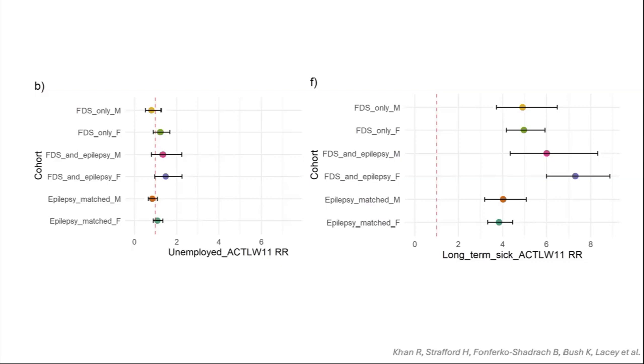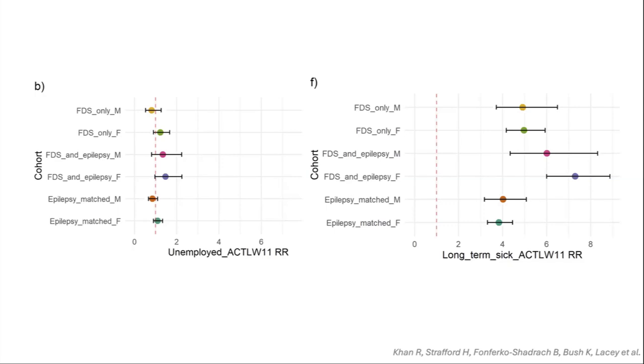So on the left, you'll see that there's perhaps not much difference between controls, which is 1, the odds relative risk of 1 going up, and the people with epilepsy, people with FTS, functional seizures, and both. But you see there's quite a big difference if you look at the census category of being long-term sick.